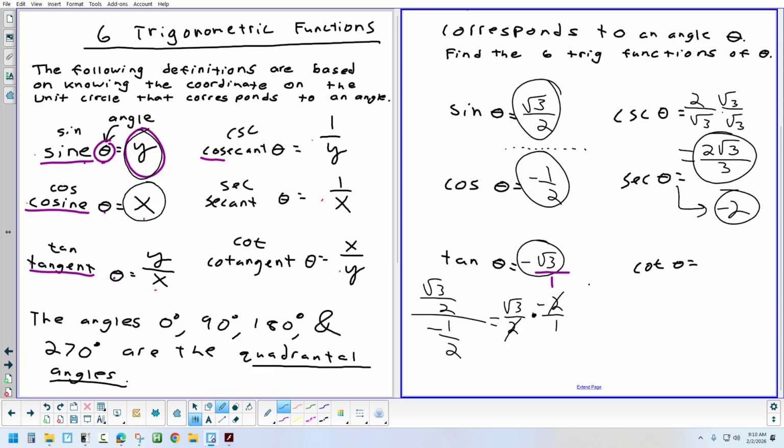Okay, but we already have the tangent, so what could we just do with that, which would be easier? Well, what's the connection between the tangent and the cotangent? They're just flipped. So we've got the tangent, so to turn it into the cotangent, all we have to do is flip it. What do you get when you flip the tangent?